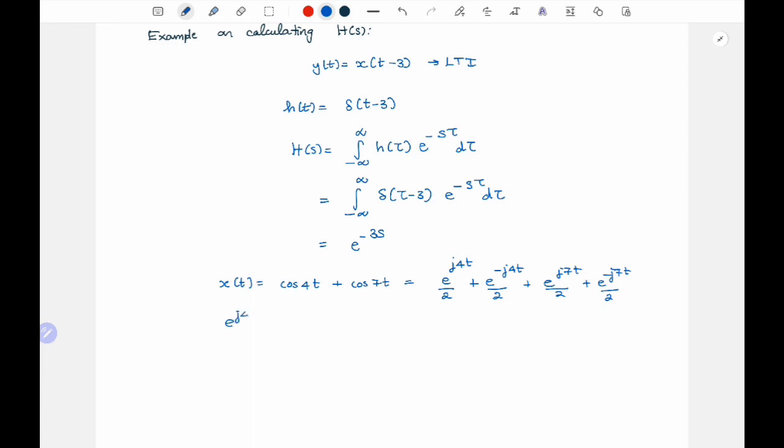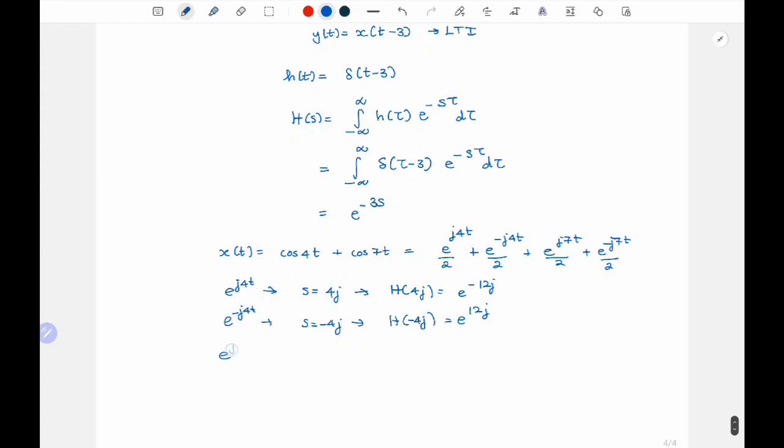For e^{j4t}, s is equal to 4j, so H(4j) is e^{-12j}. For e^{-j4t}, s is minus 4j, so H(-4j) is e^{12j}.